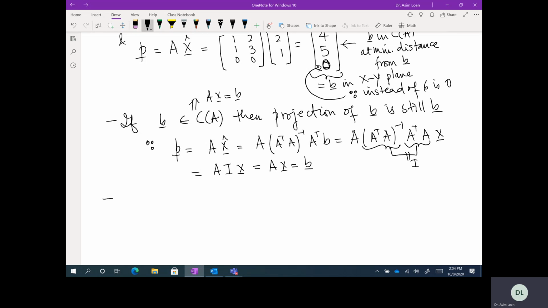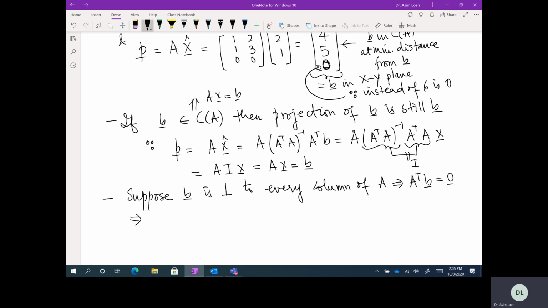Okay. Suppose B is orthogonal to every column of A, which means now B lies in the left null space. So if B lies in the left null space, then it should project to the origin. So let's see. This implies A transpose B equals 0.